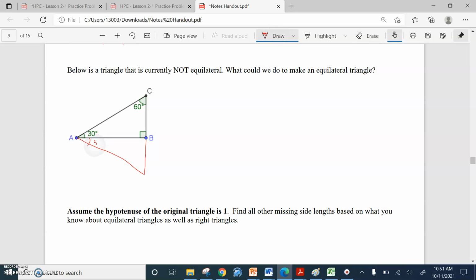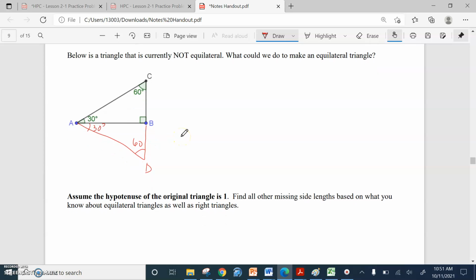And by doing that, we have 30 degrees additional in corner A, angle A. C is 60 degrees, and this new one, I guess we'll have to call it D, is 60. So simply mirroring this triangle across its horizontal AB, we now have a 60-60-60 triangle, or an equilateral triangle.